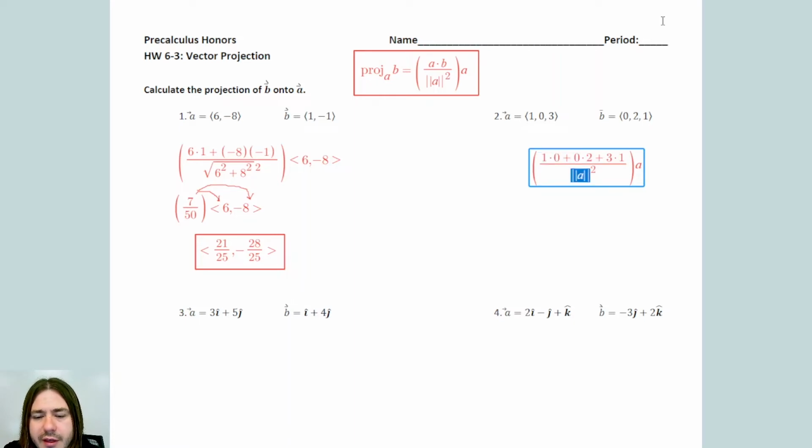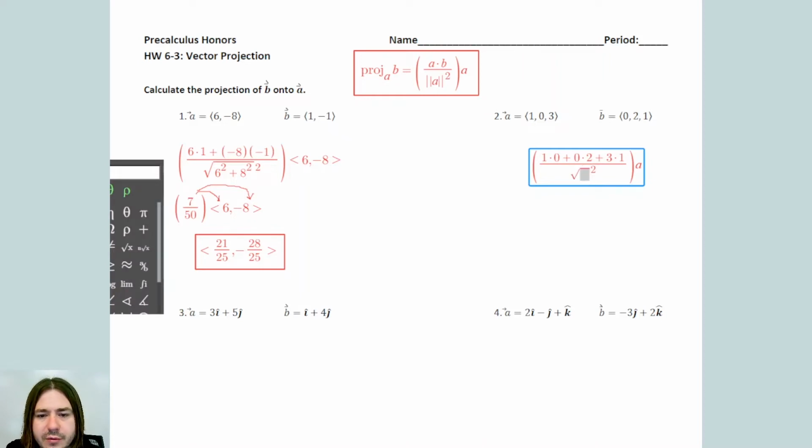And then the magnitude of vector A would be the square root of 1 squared plus 0 squared plus 3 squared. And that whole thing will be squared times vector A, which is 1, 0, 3.